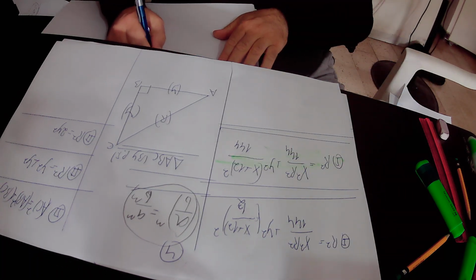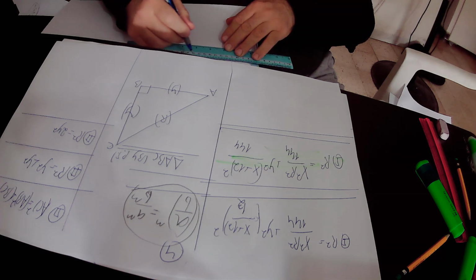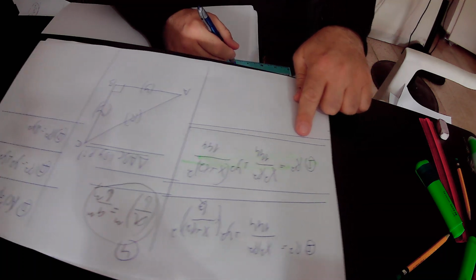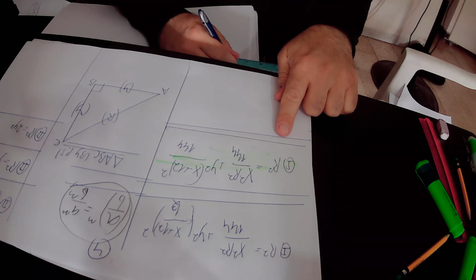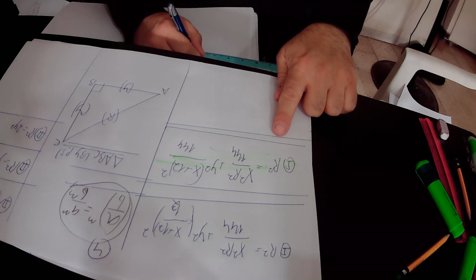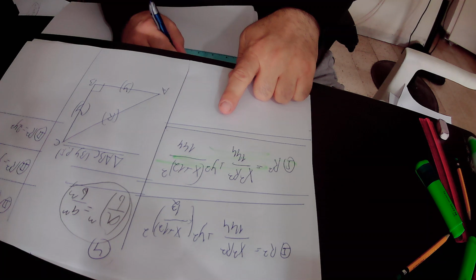This is according to equation 2, while according to equation 1, we have already found out that R square equals x square times R square over 144 plus y square times x plus 12 square over 144.